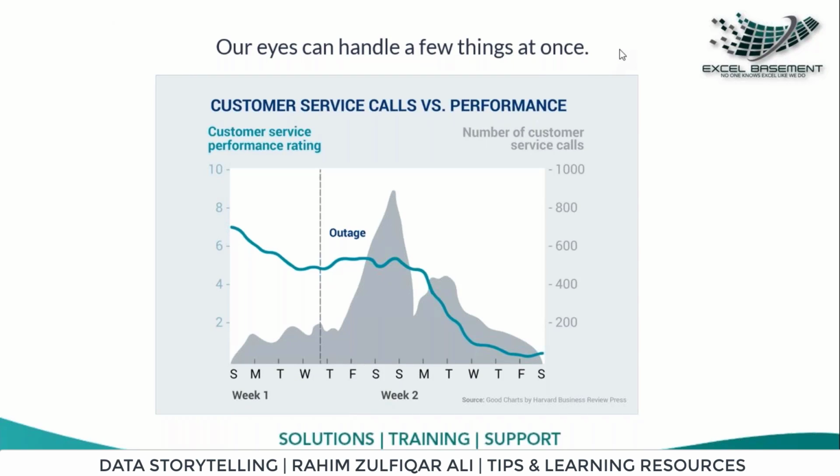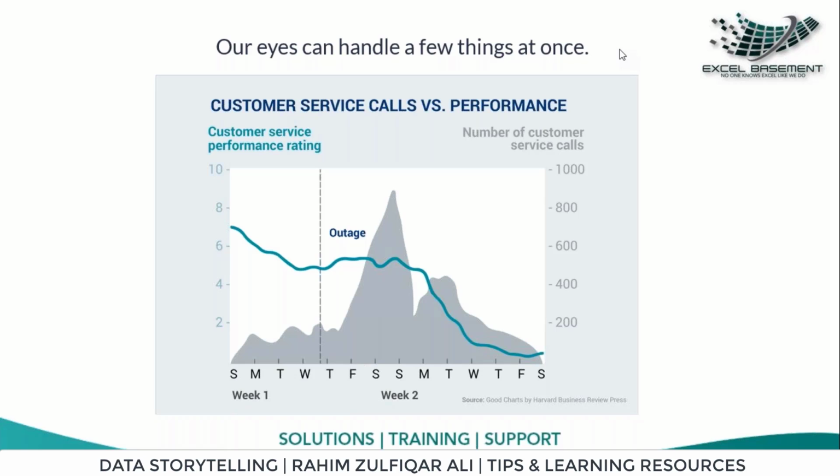So next is our eyes can handle a few things at once. As you can see, there is a multiple chart in which we have a line and area, and it's related to customer service calls versus performance. Now there are a lot of things in this particular chart, but our eyes can handle a few things at once. Maybe first we will see the trend which is going on every day or per week, or we might be interested in the average, right?